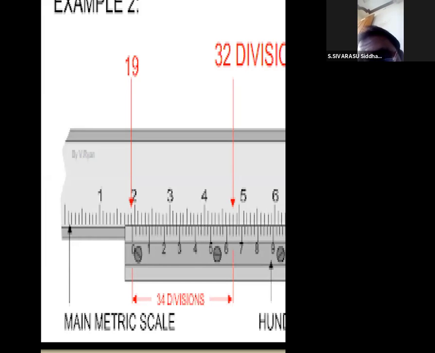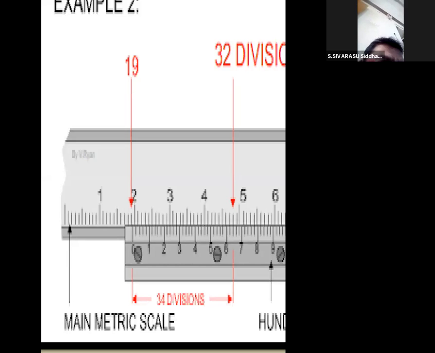Where the Vernier scale division 0 starts. In this diagram, after the 19th main scale division, the Vernier scale division 0 starts. First you have to see where the Vernier scale division 0 is.